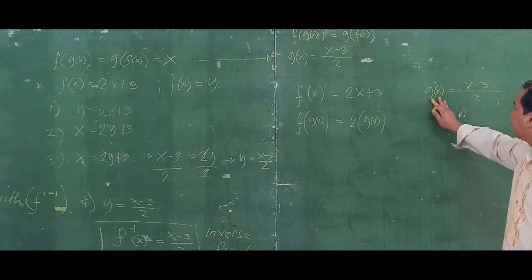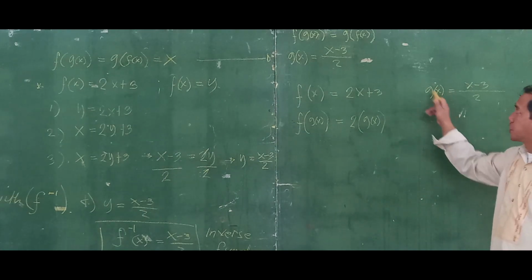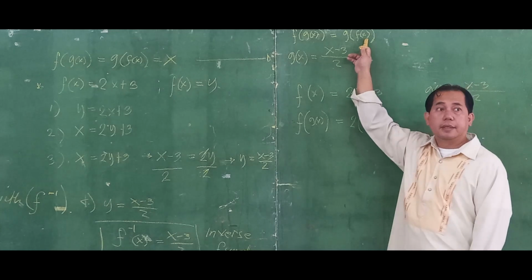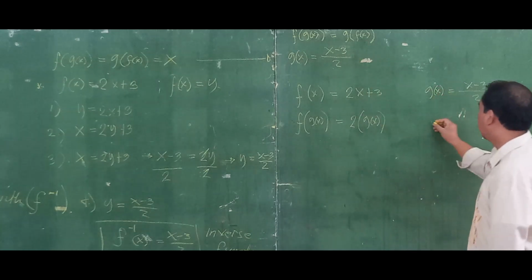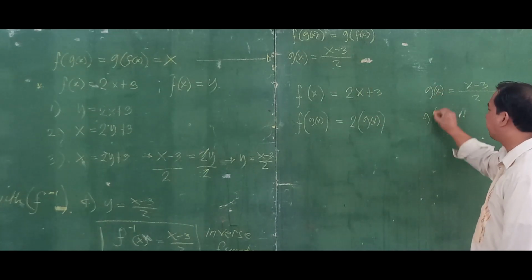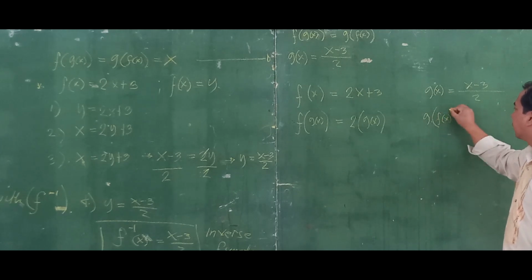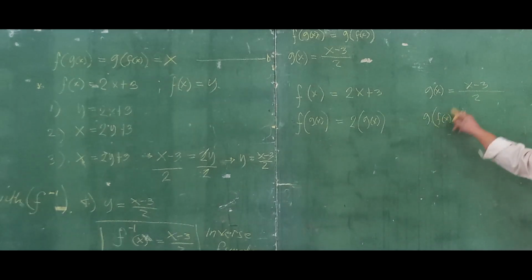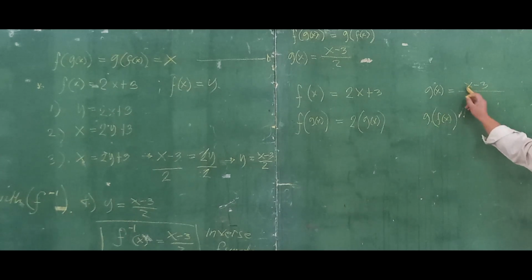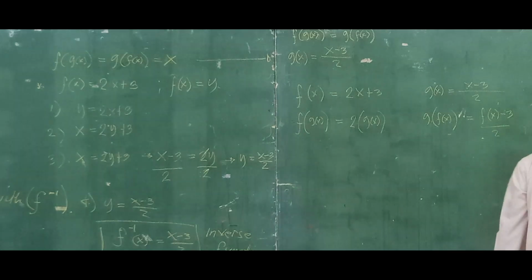How about here? We will also change your x to what? F of x. If I change this one, I will also change this one. So it will give now f of x minus 3 over 2.